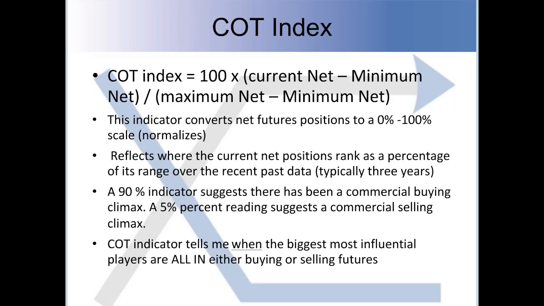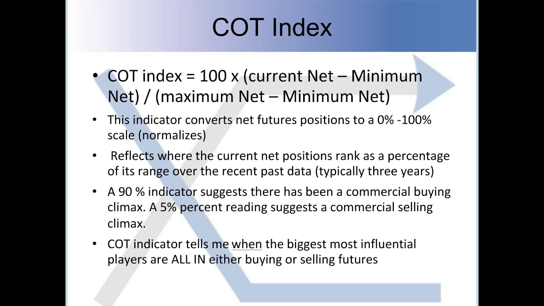I'm not going to go into it too in depth, but in essence, this indicator converts the net futures positions to a normalized scale, because over time we've seen a lot more interest and total volume come into the commodity markets, mainly through ETFs or other holding vehicles that push more volume into the market. So we want to normalize the scale to get a better viewpoint of how the ebb and flow of the commercials' open interest is actually affecting the market.